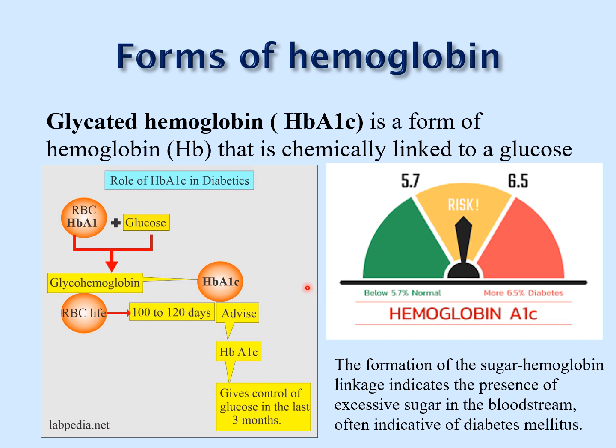I said that glycated hemoglobin in medical diagnostics is very important. This is the form of hemoglobin when hemoglobin A1 is connected with glucose.